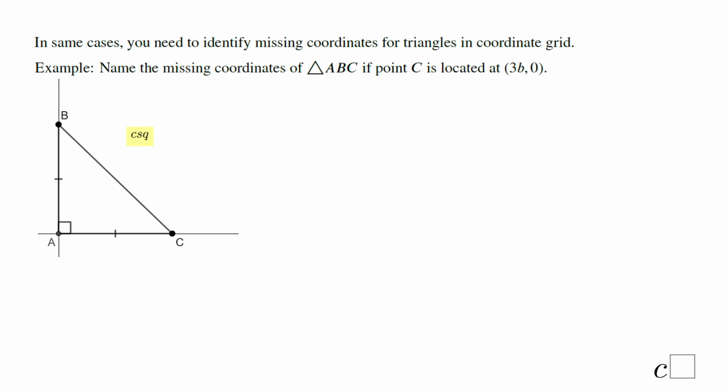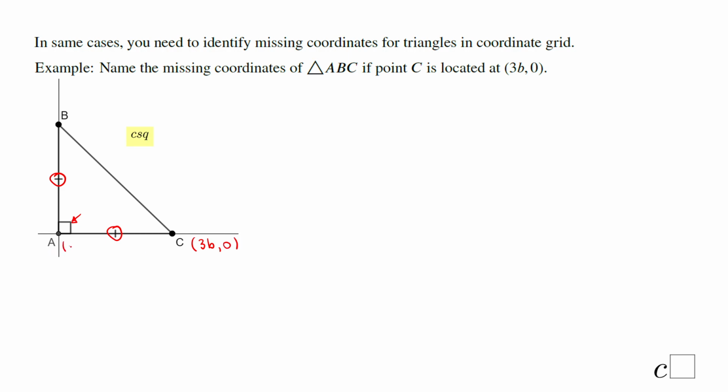In my next case, we look at 2 examples where you need to identify missing coordinates. In this example, we have this right triangle, but also this is an isosceles triangle, very important. And we know that this point C is located at 3B and 0. So we need to find the other coordinates.